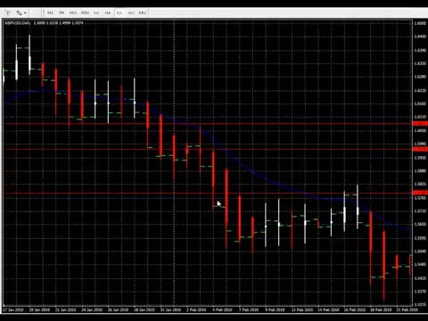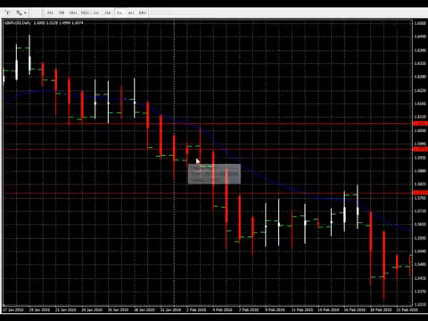Alternatively, the other exit strategy that we could use is to trail our stop. In that case, we would wait for the trade to move 200 pips in our favor, and we would move our stop loss to the break-even point, and then just trail the stop 200 pips behind. As I said, that's not always the best exit strategy to use.